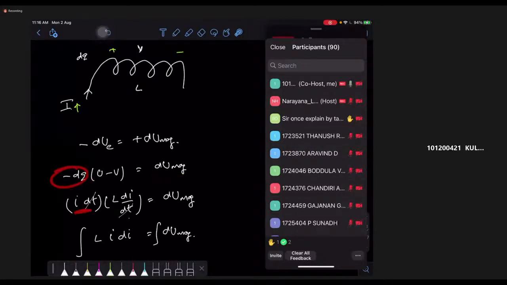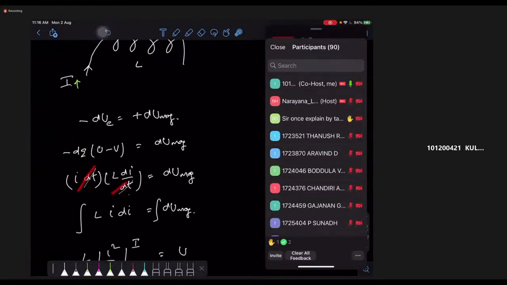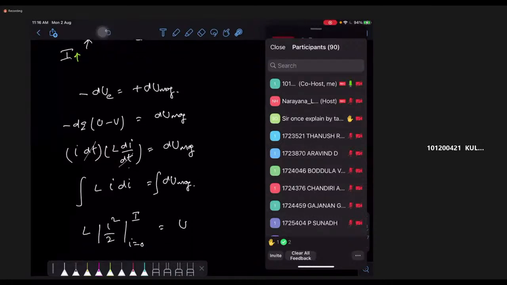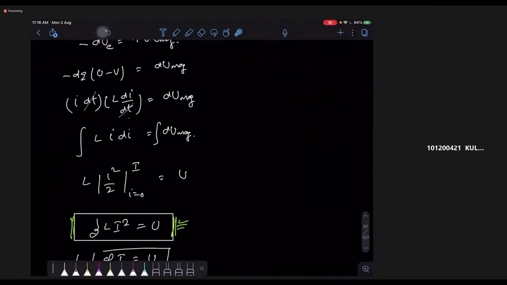Charge is I dt. Potential here is L dI by dt. So dt here is cancelling out. So what is my energy stored in the inductor? It's half L I squared. Okay? That is our energy stored in the inductors. I hope you understand this point, right?